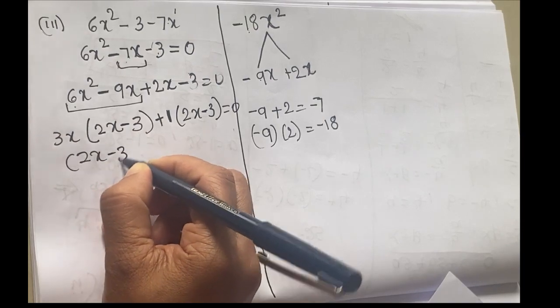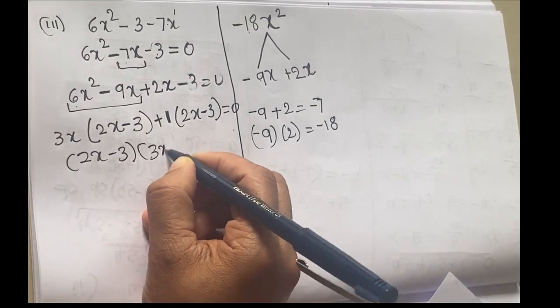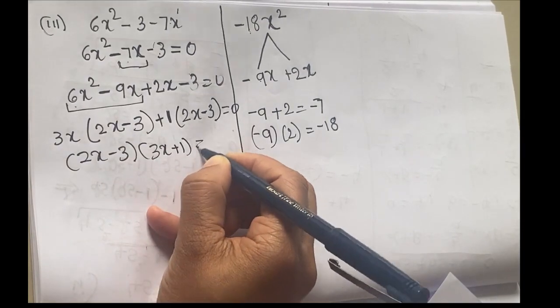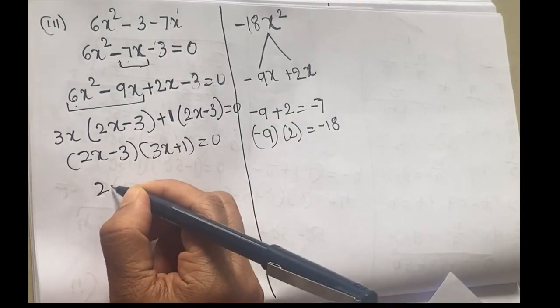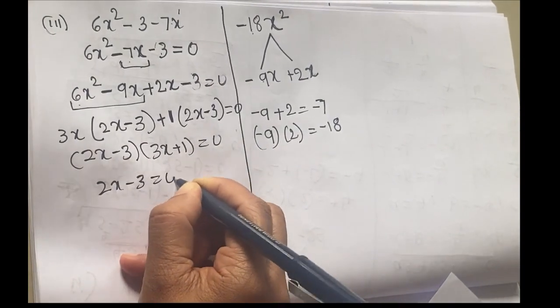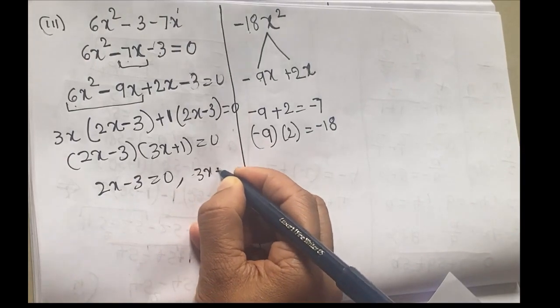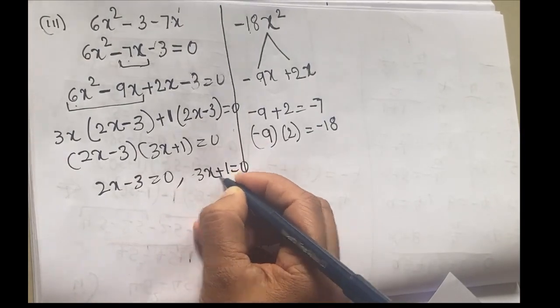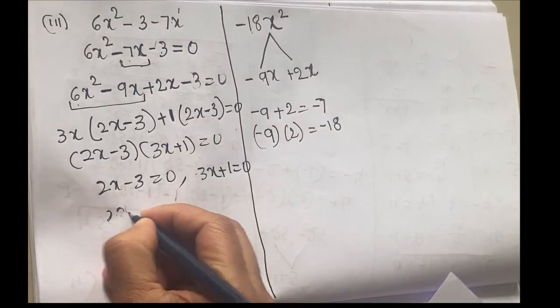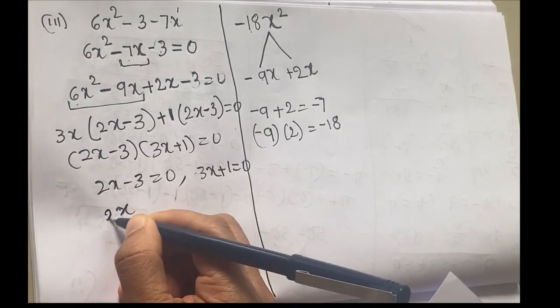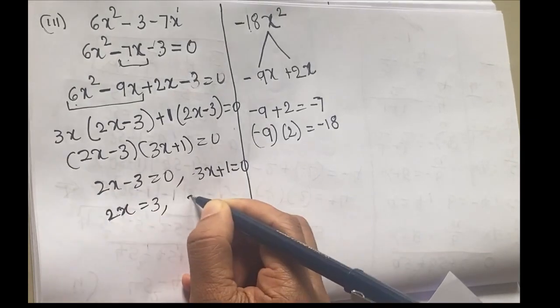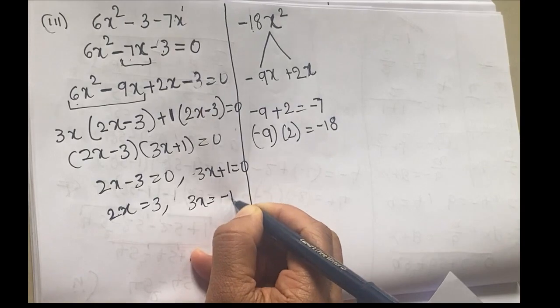2x minus 3 times 3x plus 1 is equal to 0. 2x minus 3 is equal to 0, 3x plus 1 is equal to 0. 2x is equal to 3, 3x is equal to minus 1.